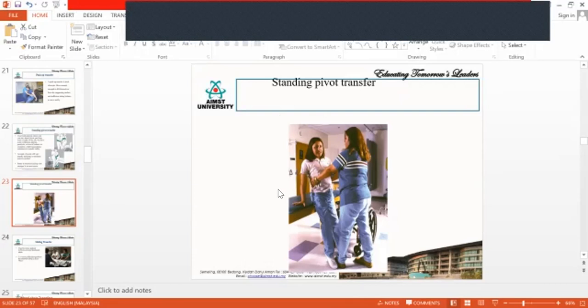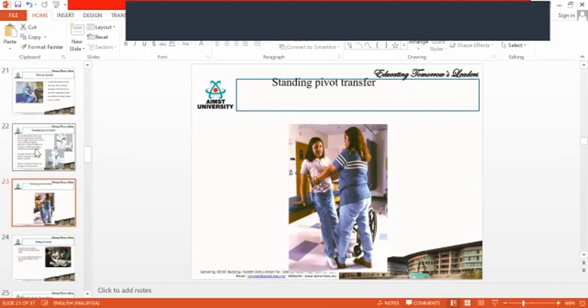Okay, just lift, rotate and make the person sit. So this is without the pivot. In case you don't have the equipment, then you can do it like this. In this case, the patient needs to help you to the maximum level, and your assistance will be only moderate to minimum level. Okay, so in that case only you will be using the stand pivot transfer.